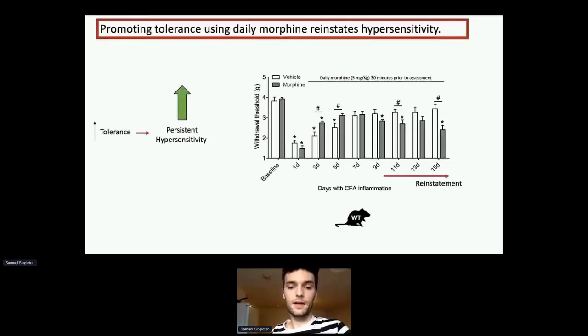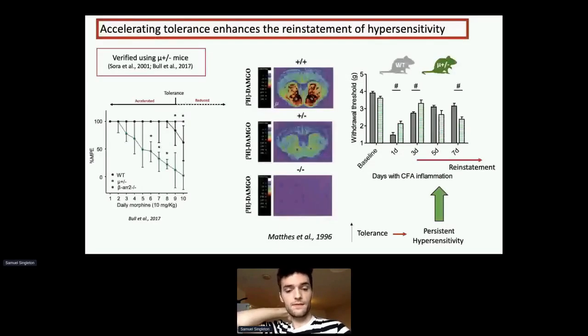And then we verified that this was caused by tolerance by using mice which expressed only 50% of the mu receptors, which we've previously shown accelerates the rate of tolerance, and consistent with previous reports that we see down here on the left, enhancing the rate of tolerance also accelerated the reinstatement of hypersensitivity in this chronic model of inflammation.